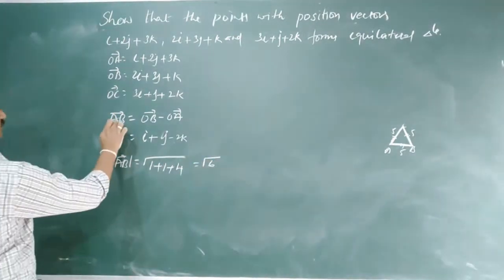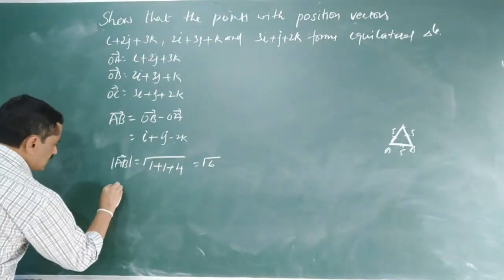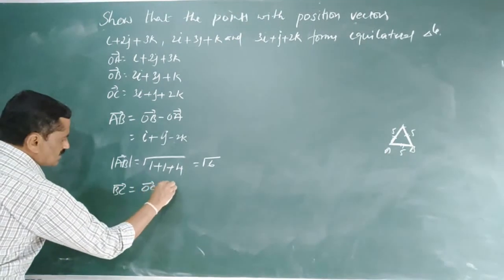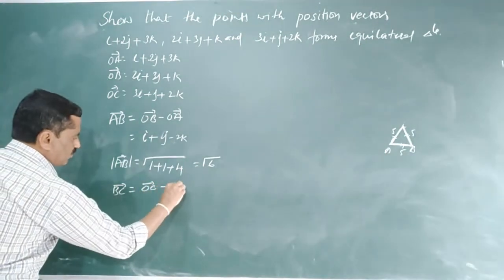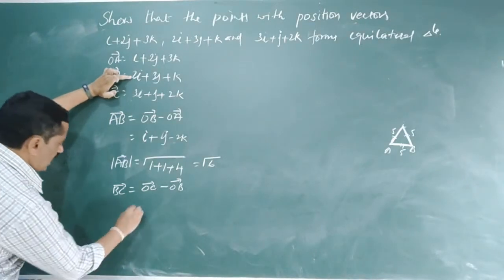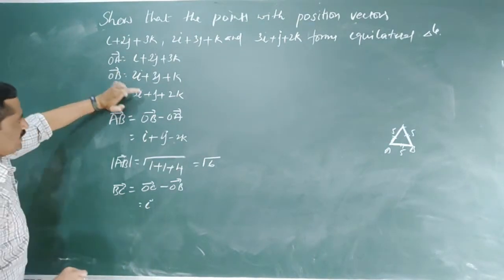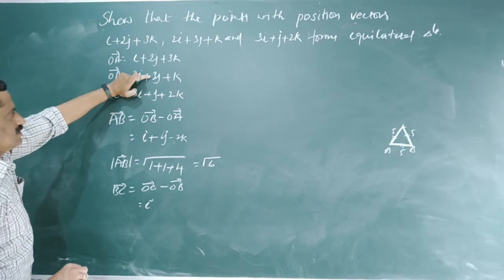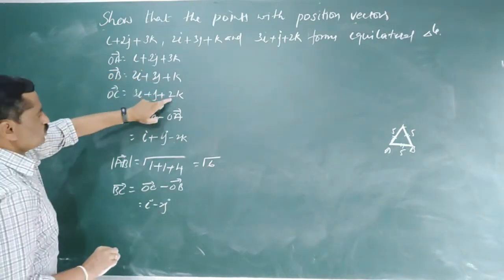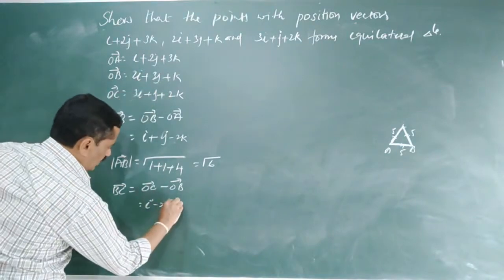Similarly find BC bar. BC bar is equal to OC bar minus OB bar. So this minus this, we have 3 minus 2, we have i. Again 1 minus 3, we have minus 2j. Again 2 minus 1, we have 1k.